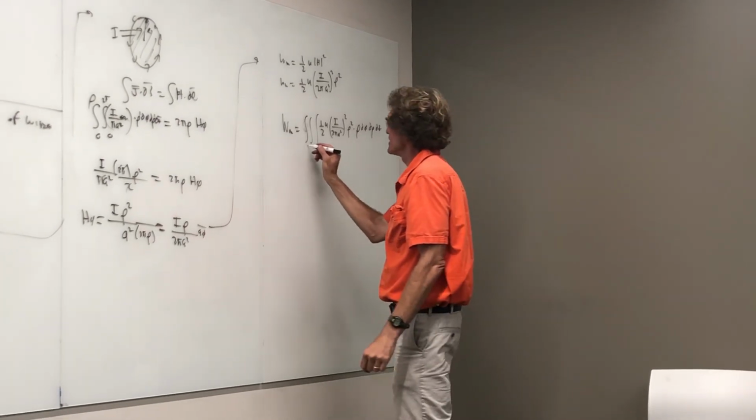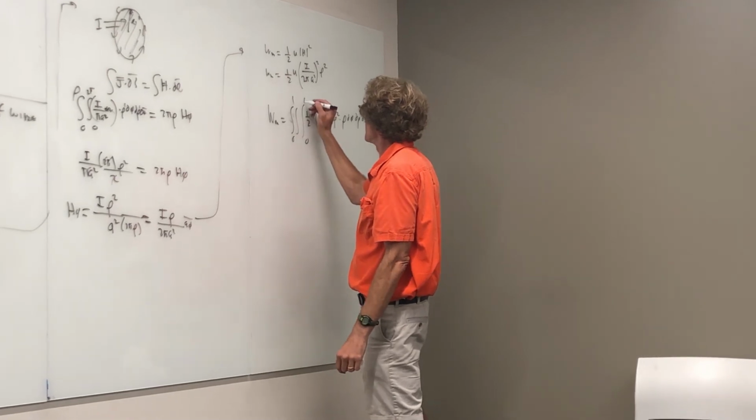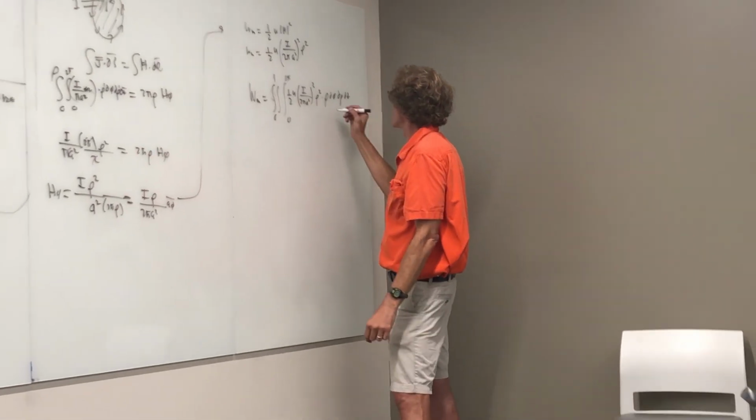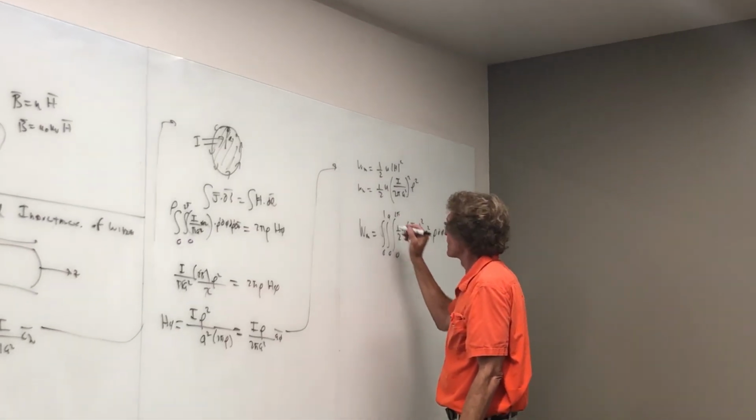We can throw out the dz integral because it goes from 0 to 1. D phi goes from 0 to 2 pi. And d rho goes from 0 to A. Do you follow me on this, class?